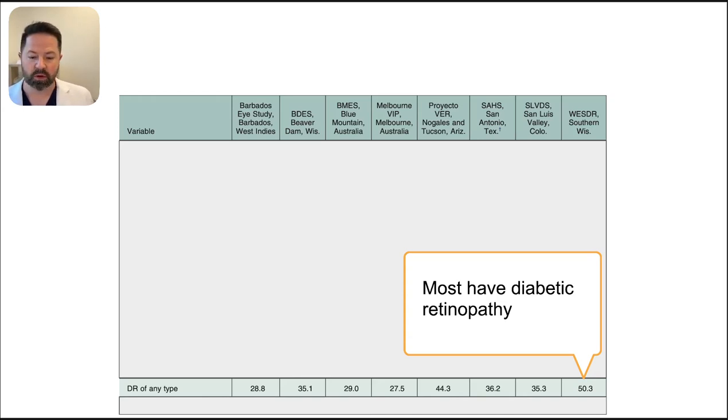So if we go by these numbers, perhaps we would suggest that about 10 million people in the United States would have diabetic retinopathy. The number is probably actually a lot higher than that because we can't invite everyone to the clinic. We can only get a slice of the population when we study this, but let's just call it 40 or so percent of people with diabetes will develop diabetic retinopathy based on these studies.